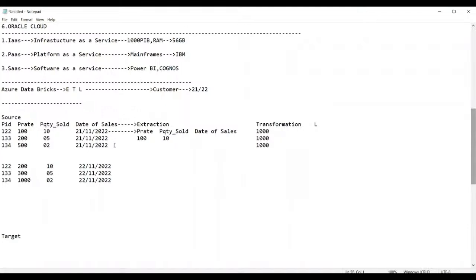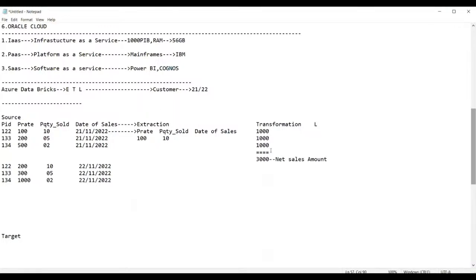The sum of these three is 3000. So can I say that 3000 is the net sales amount? Am I right, everyone?